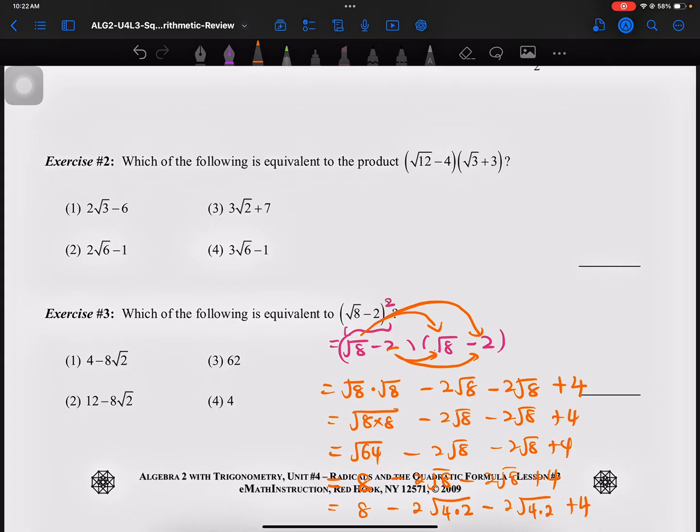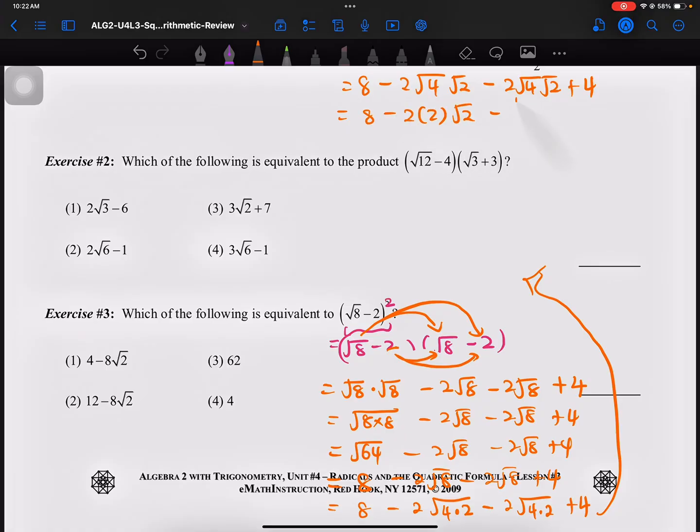Then you can actually split it, becoming √4 √2 minus 2 √4 √2 plus 4. So it will become 2 times 2√2, where you change √4 to 2, plus 4. So it becomes −4√2 −4√2 plus 4.